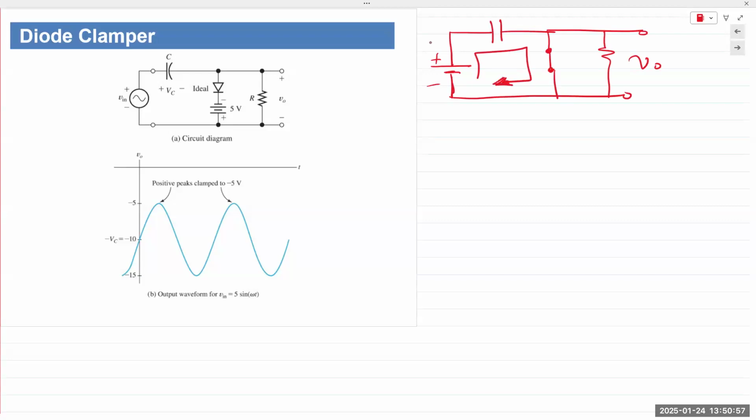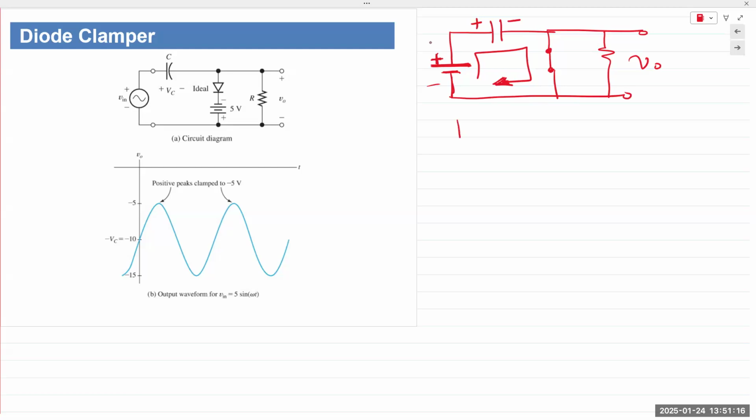Positive half cycle, diode is on, capacitor charges. When the capacitor charges, polarity appears, plus on the left, minus on the right. Assuming the capacitor charges fully, if you're applying a V-in of plus 5 volts, the capacitor charges to plus 5 volts.